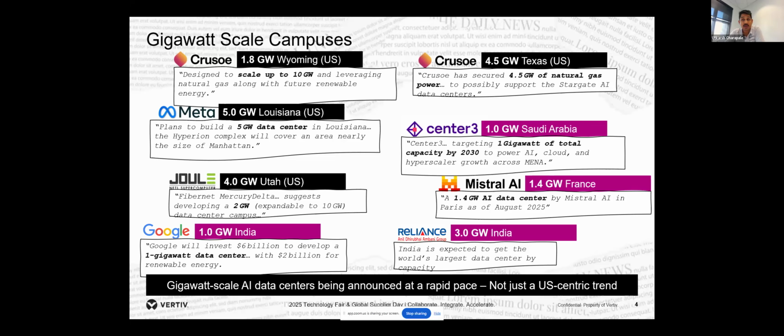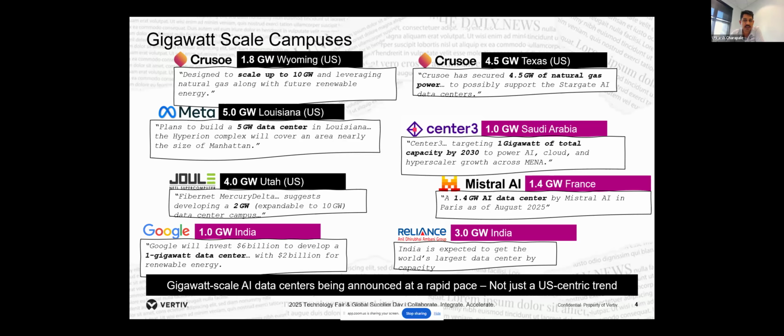There is another 4.5 gigawatt data center in Texas, and 5 gigawatt in Louisiana. Gigawatt-scale AI data centers are being announced at a rapid pace around the world. It's not only the US, it's Asia, Europe, the Middle East, everywhere, and we need to be ready as a community.